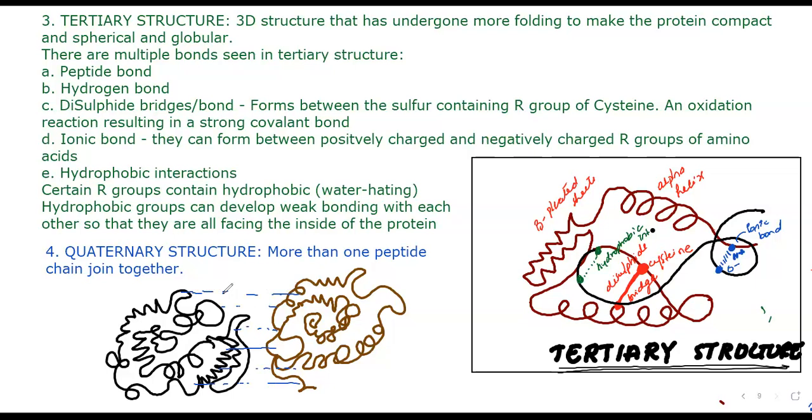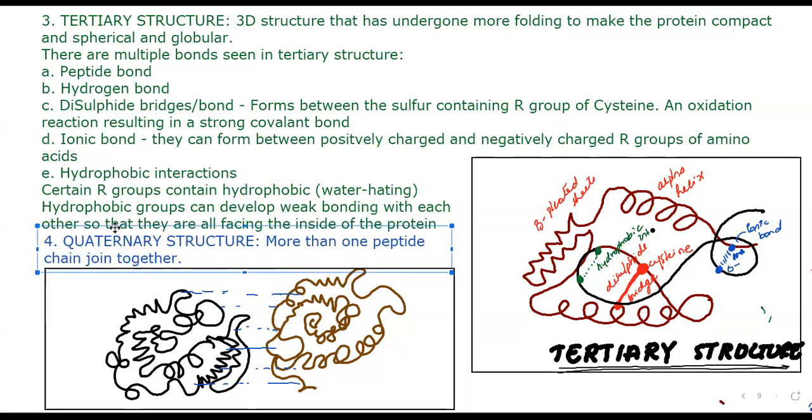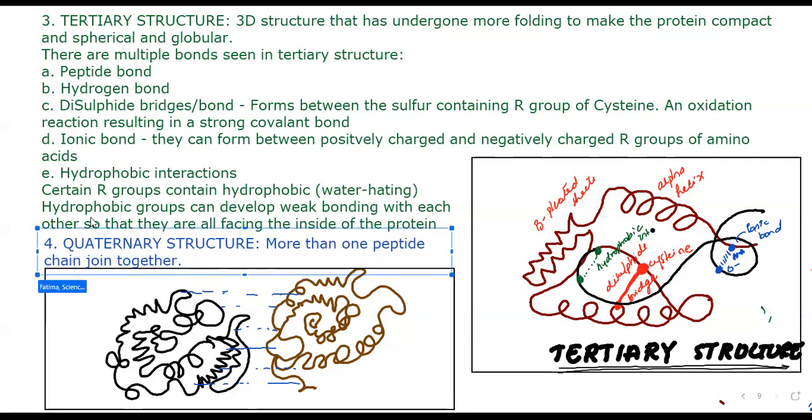So quaternary structure is simply when I take two tertiary structures, or two polypeptide chains, and they develop interactions that allow them to make one complete protein. That is what we consider as our quaternary structure.